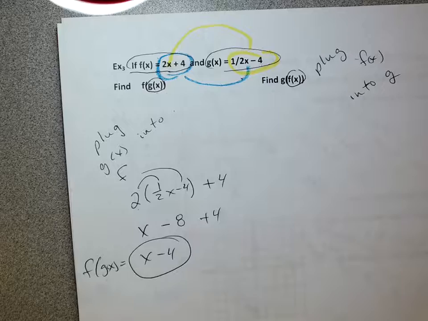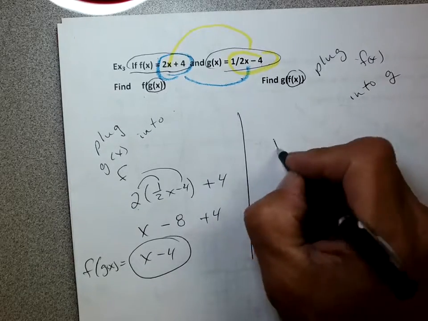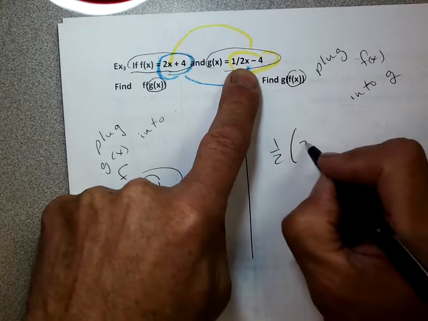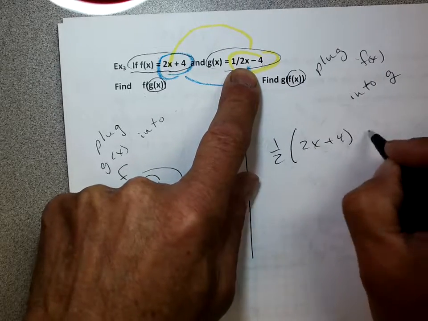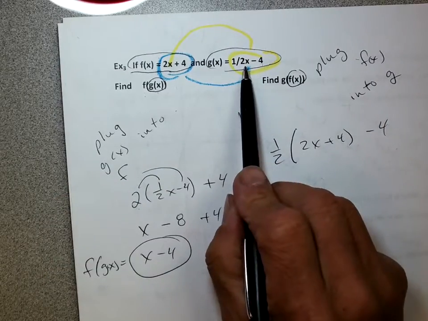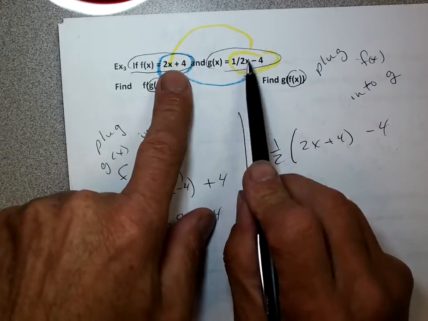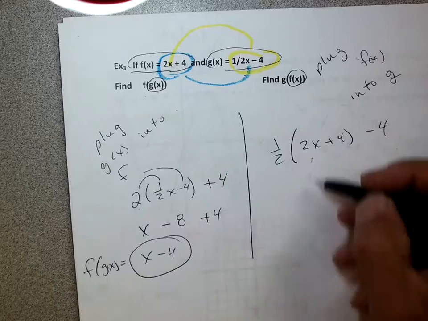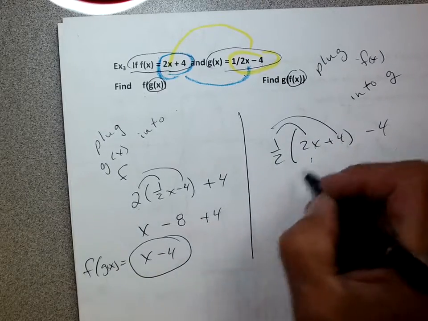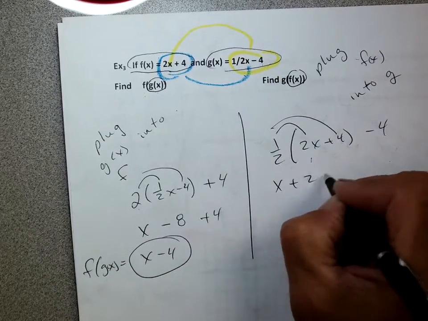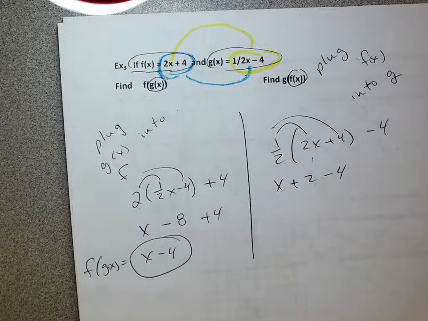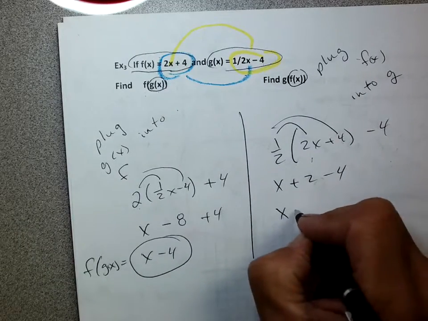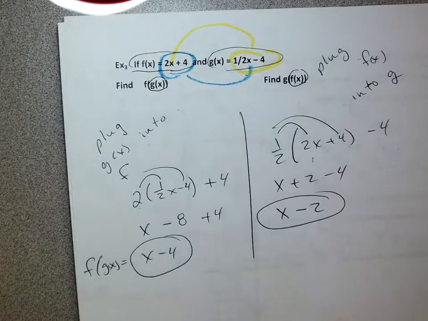So I'm going to rewrite this as a 1/2 parentheses, right? 2x plus 4 minus 4. So instead of writing x, I'm going to put this into here, okay? And then I'm just going to distribute that times that times that. I'm going to get a 1x plus 2 minus 4. And I end up with an x minus 2, okay?